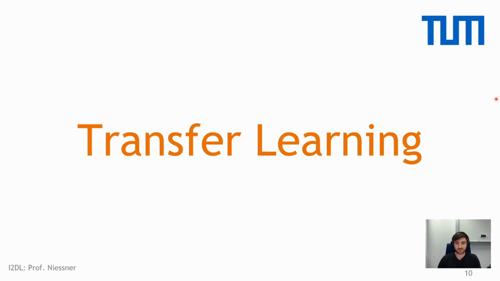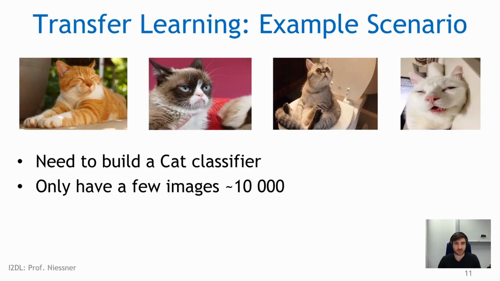All right, let's continue with the main part of this exercise. Here we first look at transfer learning, which is an important concept that will also be covered later in the lecture, but we're going to have it now in this exercise. So what's the idea behind transfer learning? Let's take an example. The problem statement is that you want to build a classifier for cats, to say if an image shows a cat or not.